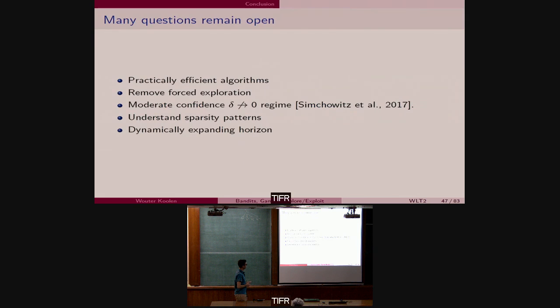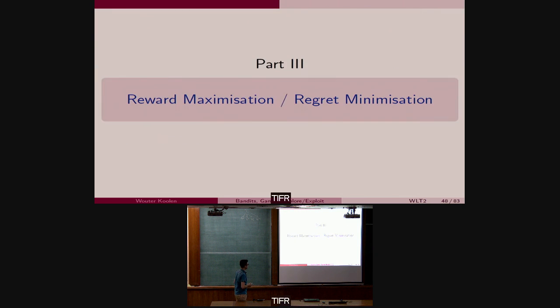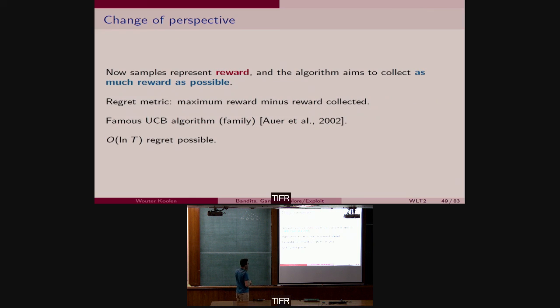Okay, so I want to say a few words about the other task, regret minimization. What's changing? Now samples are not just information to us like they were before, but they also represent reward. And it's the goal of the algorithm to collect as much reward as possible. So now it's expensive to sample an arm that is giving low reward.